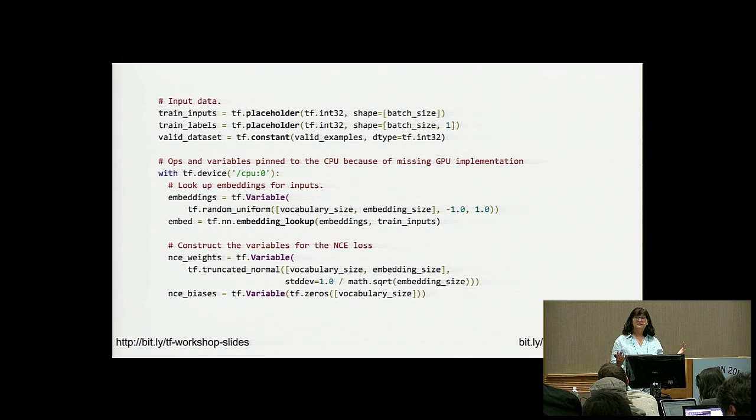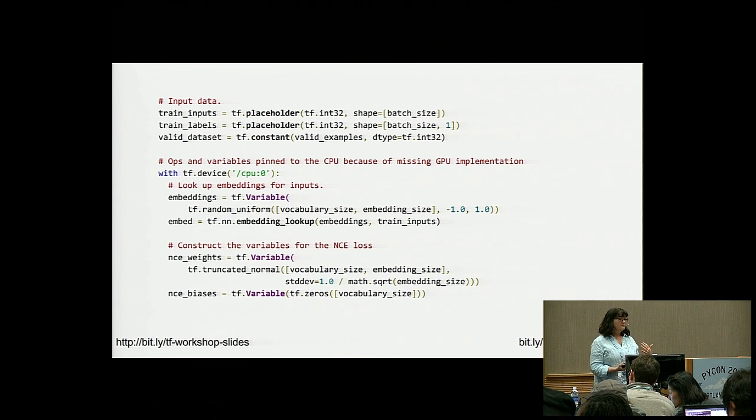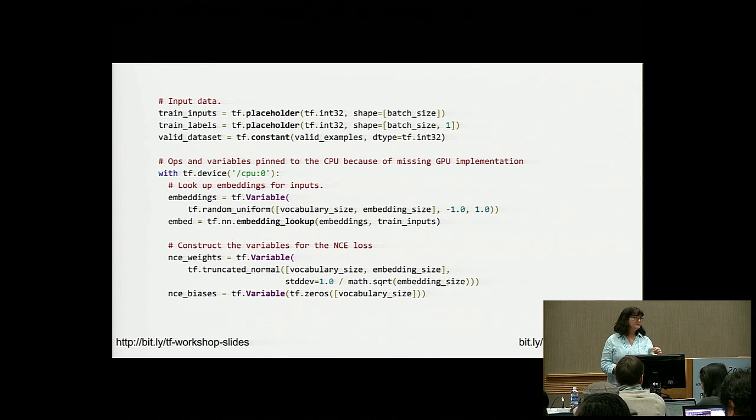I believe it may cap at some large number, but basically all the words that we're training over, we're building and learning a big embedding matrix for those. And so embedding lookup says, given the train inputs in this current batch, what are our embeddings for those? Then we're defining the weights and biases that we're going to use for this NCE loss function that I mentioned previously.